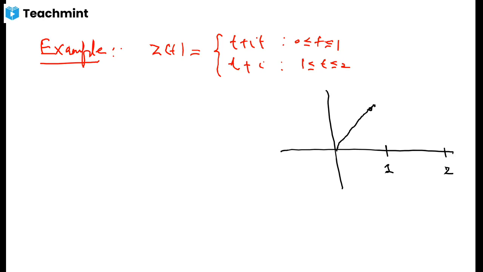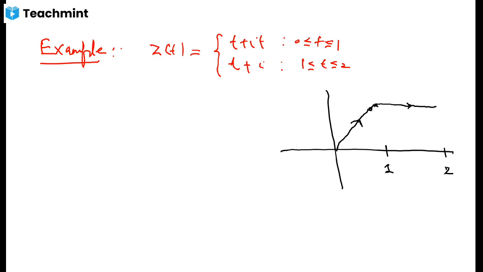The only thing varying here is the real part of z of t, that is, t is varying between 1 and 2, and i is constant. So it has to be a horizontal line. This is an example of an arc, and it's simple because at no point is the arc intersecting itself.